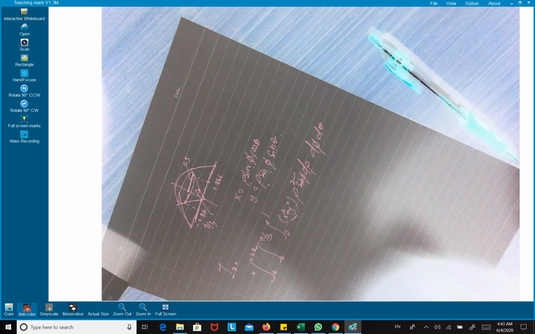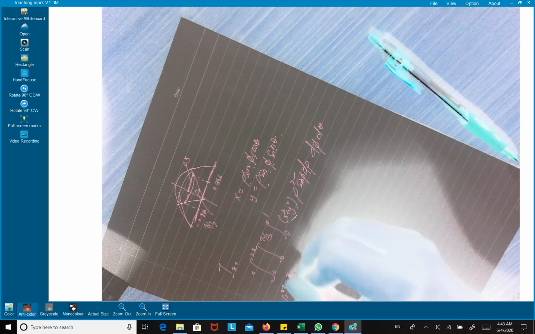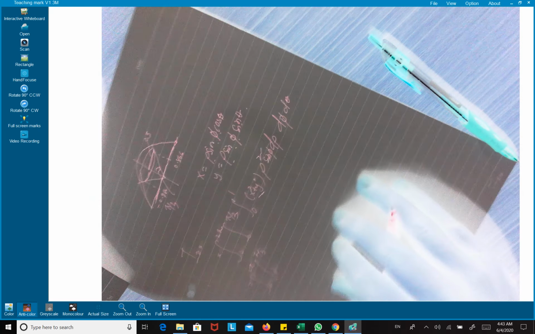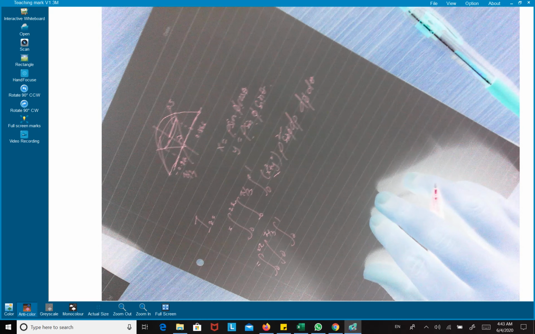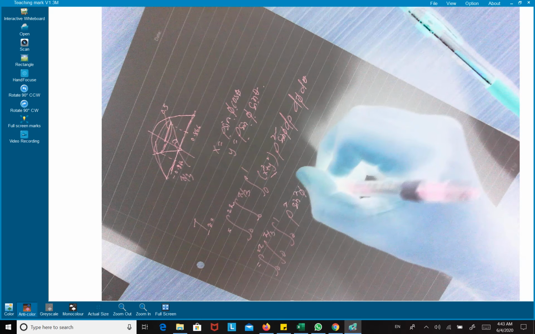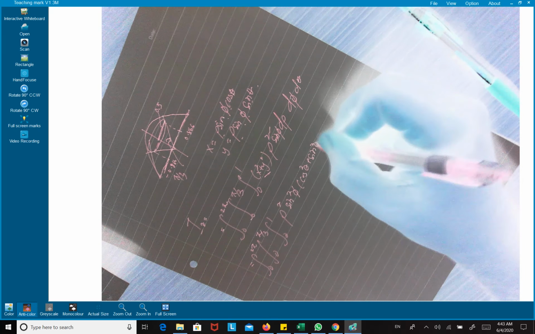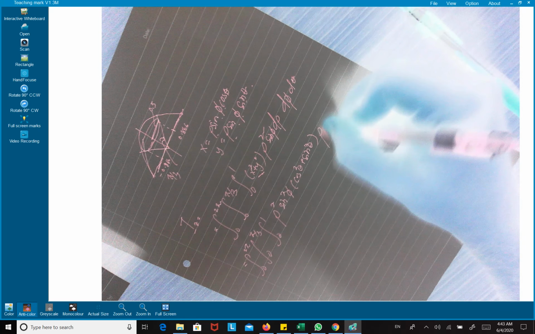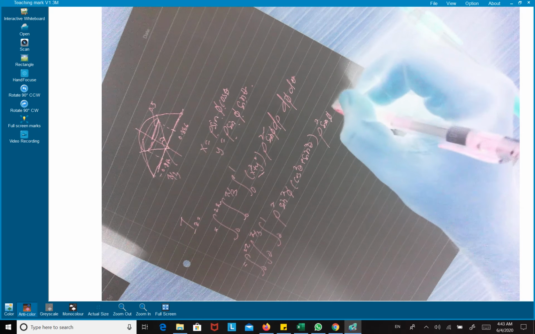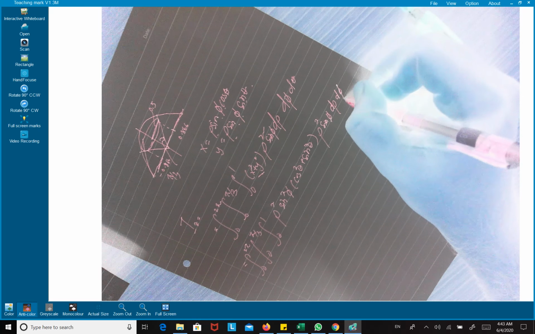So you can write this as 0 to 2 pi, 0 to pi over 3, 0 to 1, rho squared sine squared phi times cos squared theta plus sine squared theta, rho squared sine phi, d rho d phi d theta.